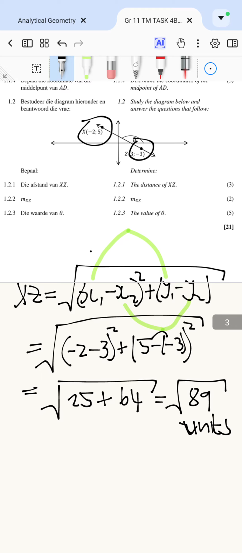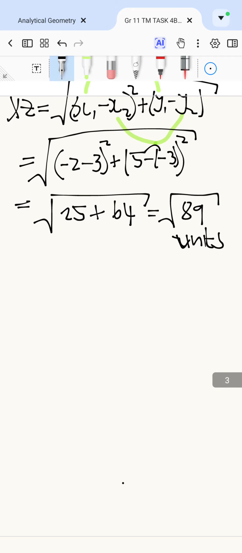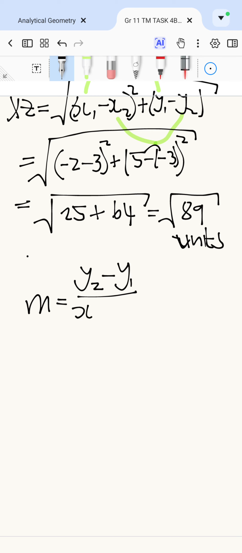Next, they're asking for m of xz. Okay, and we should know that that small m is referring to gradient. So let's deal with gradient quickly. Gradient is equal to, and then the formula for gradient, remember the y's are always on top. So it's going to be y2 minus y1 over x2 minus x1. Remember y is always on top.